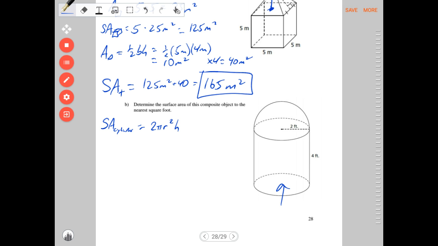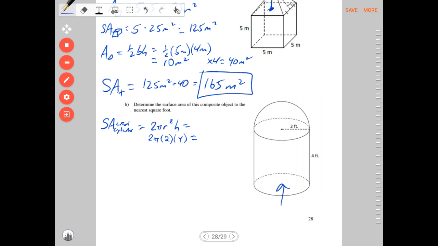So that's the lateral surface area of the cylinder. I guess we should put that lateral. So that's lateral cylinder, 2 pi r h. So let's see. 2 pi, the radius is 2, and the height is 4.